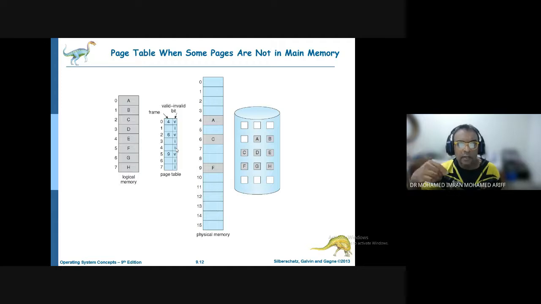I repeat myself. Page fault means the files are not available in the physical memory, but the files are available inside the backing store on the hard disk. So if the logical file tries to access a physical file which is not available inside the physical memory, then it will create a page fault. When this happens, the operating system will get the files from the backing store or hard disk, put them inside your physical memory, and then update the location in the page table so that the CPU can access this particular file of interest.